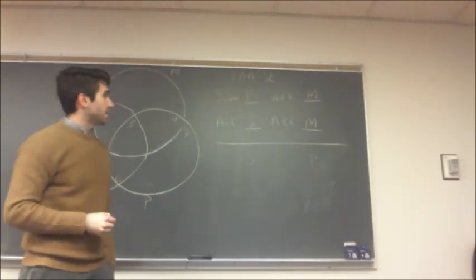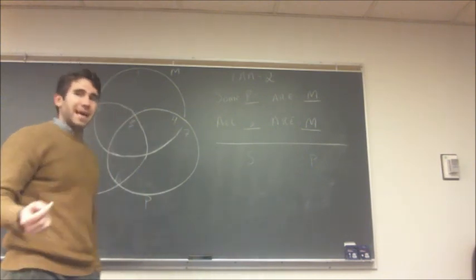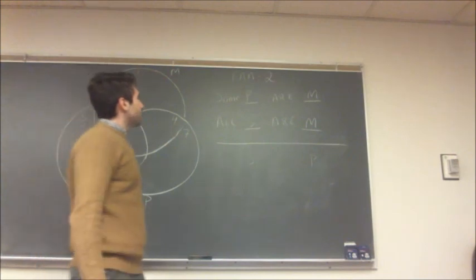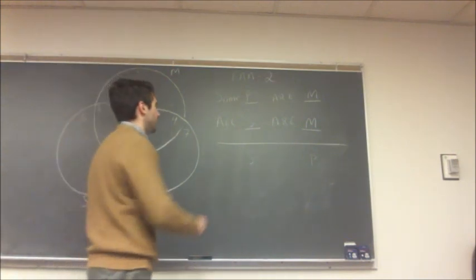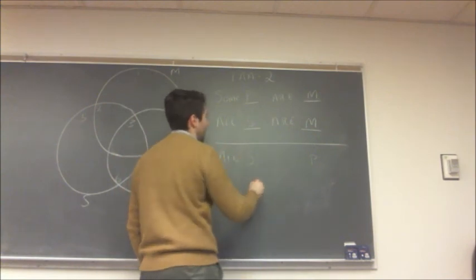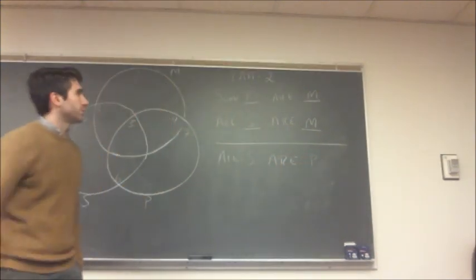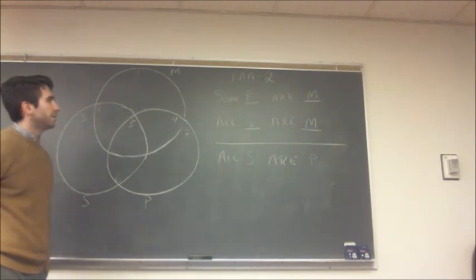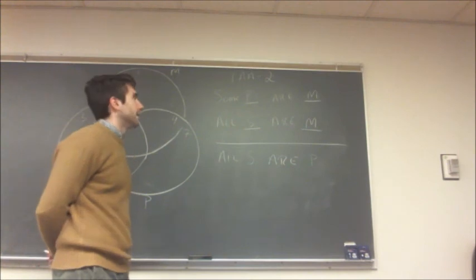It's this: all S are M. Again, I hope you got that. And then finally, our conclusion is of type A. At this point, you should know what it is. It's all S are P. So this is our categorical syllogism. Some P are M, all S are M. So our conclusion, all S are P.